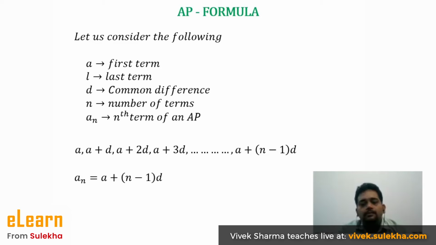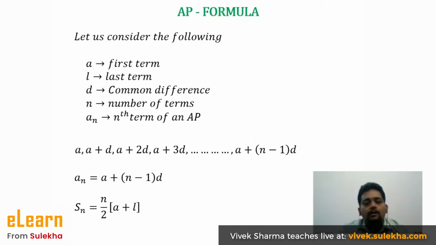For example, to calculate the 50th term, you can do A plus 49 into D. For the 100th term, you can do A plus 99 into D.